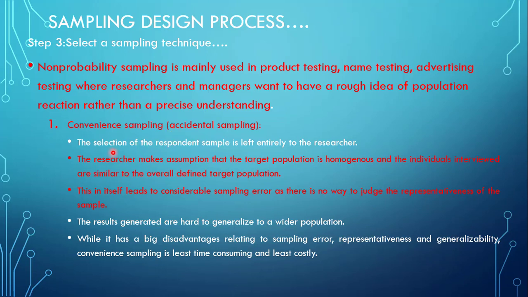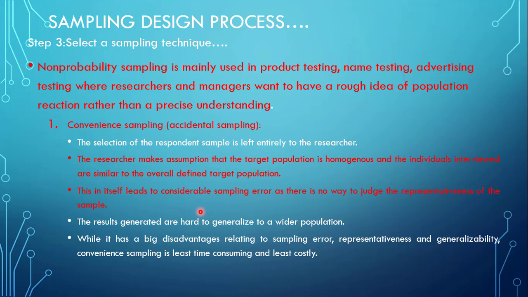The population is homogeneous, and it is left entirely to the researcher's judgment, and it is based on the convenience that the researcher sees. So it is known as convenience. It emanated from the name. Let's assume an example. You want to get information from a mall.